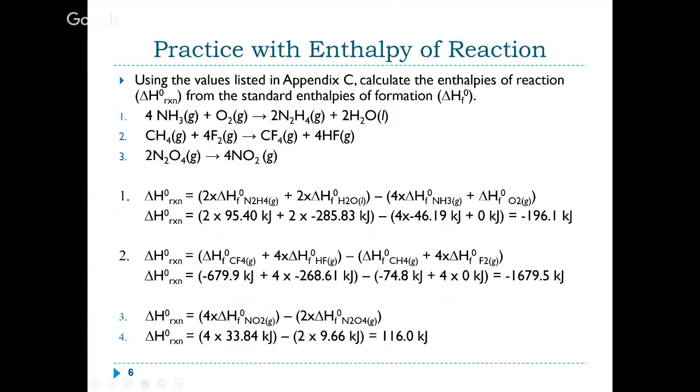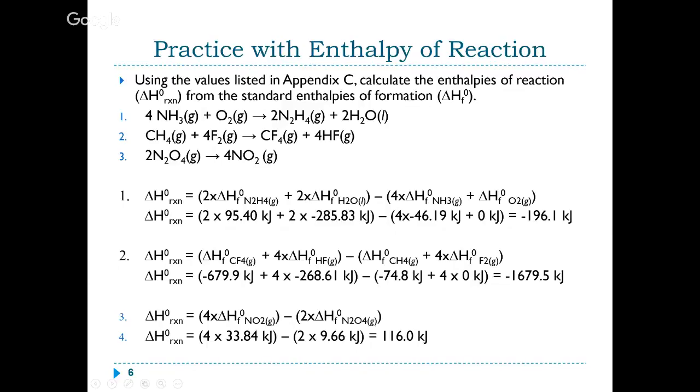Well, once again, this is 0 because that's its elemental form. So we do the math. Negative 679.9 kilojoules plus 4 times negative 268.61. Then we subtract a negative, which turns this to a positive value. And we get negative 1,679.5 kilojoules of energy related to this reaction.